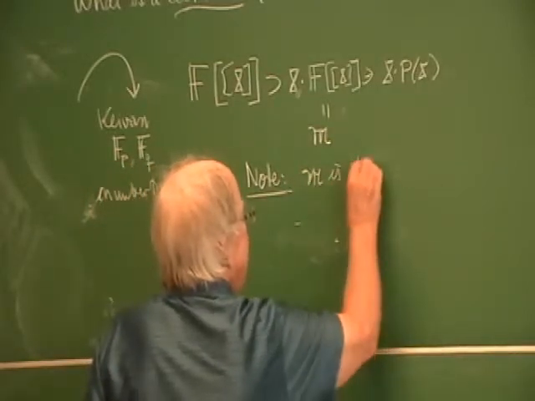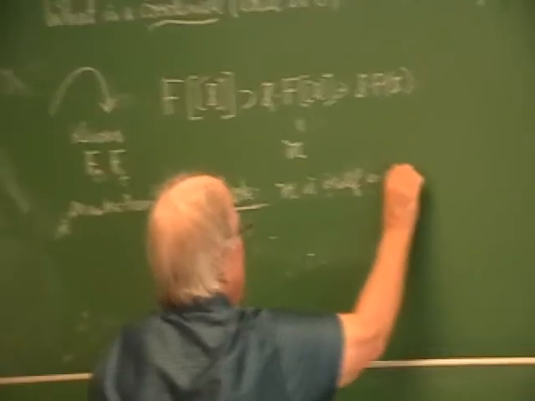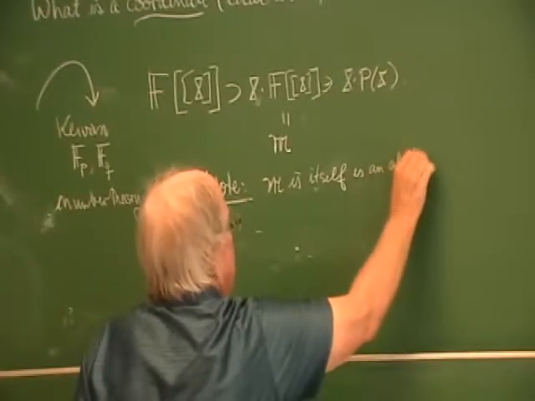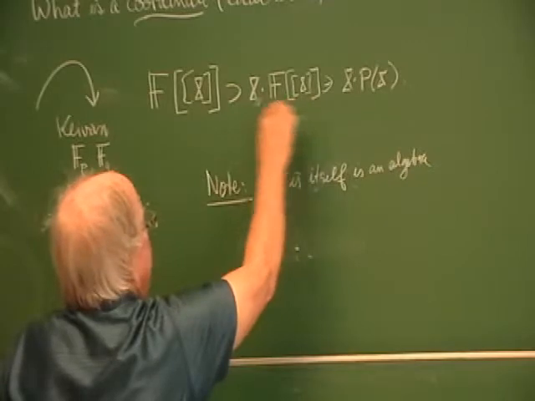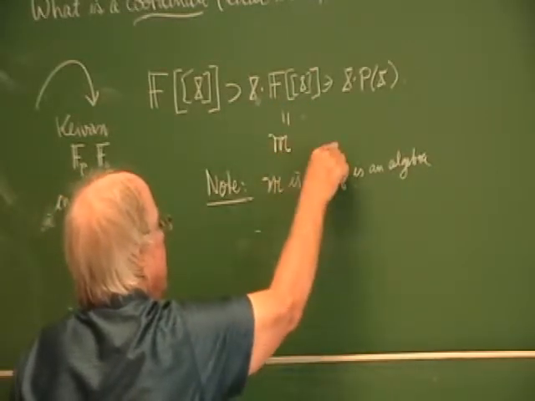So this thing itself is an algebra. So it's a subalgebra, right? You take linear combinations of things in there, that's okay, and you multiply two things and you stay in this thing, it's okay.